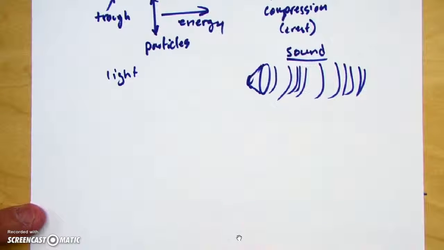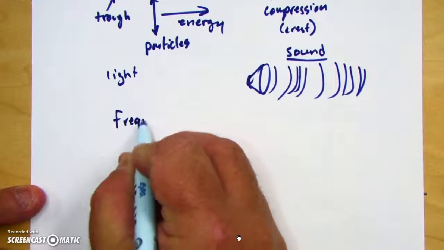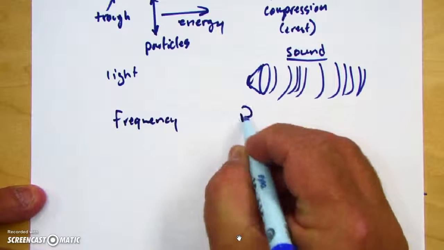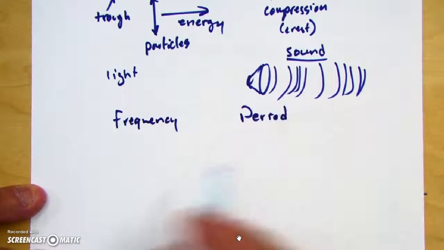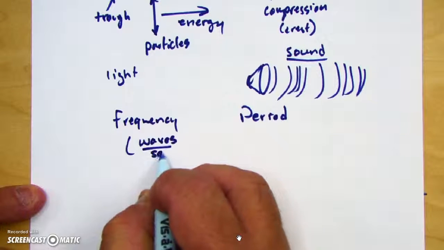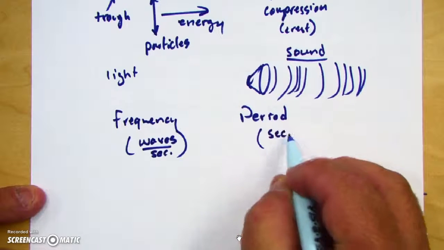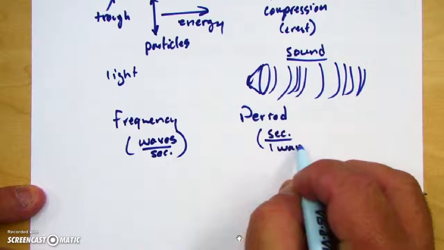Now, a couple equations that come into play in this. First of all, two words that we use a lot in here: frequency and period, which we talked about briefly already. Frequency is the number of waves per second. Period is the number of seconds for one wave.